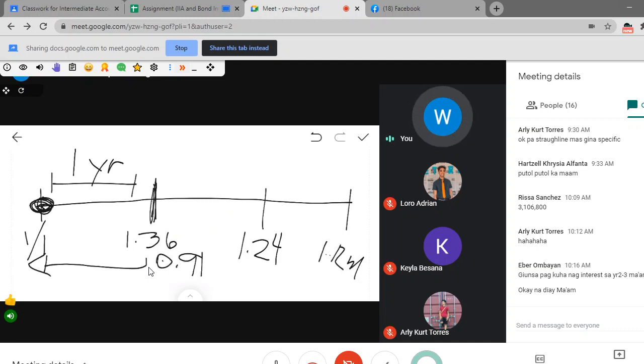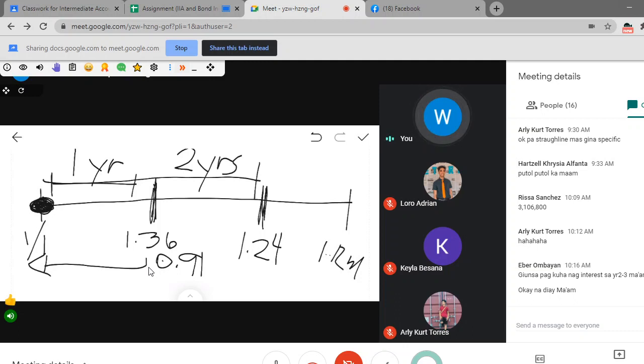Now, for 1.24, kanus-a nga to ang recognition date or measurement date sa market price? Balik ta, 1-1. January 1. Ang 1.24, kanus-a na to ma-receive? That is, ayan, 2 years. Gikan sa ato ang recognition date nga 1-1.